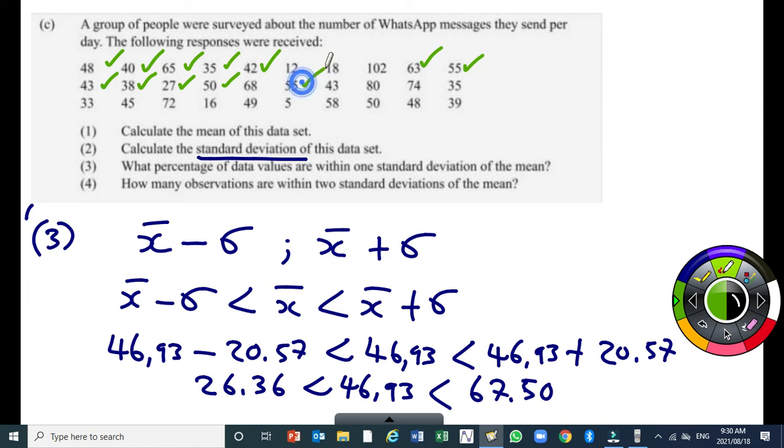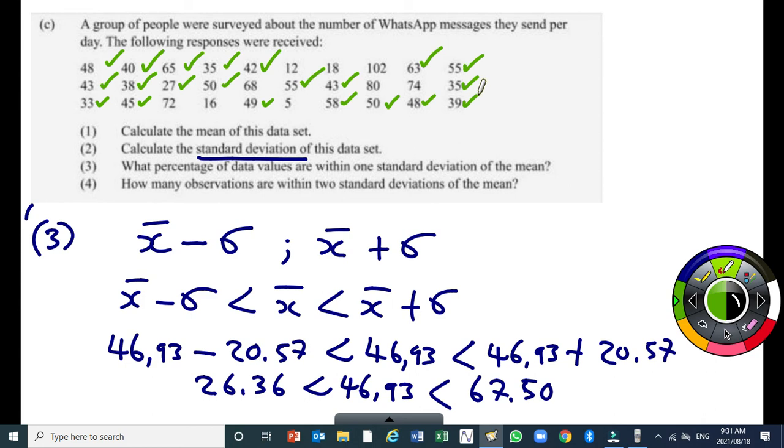So that's 55, 43, 80, we don't want 74. 35, 33, 45, 49, 58, 50, 48, 39. Now we need to count how many of them there are: 3, 6, 8, 10, 12, 14, 16, 18, 20, 21. So we have got 21 values in the data set that are within one standard deviation.